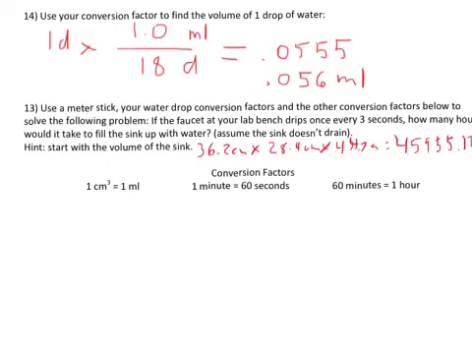So my task here is to convert that into how many hours. So ultimately I'm trying to convert this many cubic centimeters into hours. I always start with the thing I know. So what I know is I have 45955.17, that's a 7, cubic centimeters.